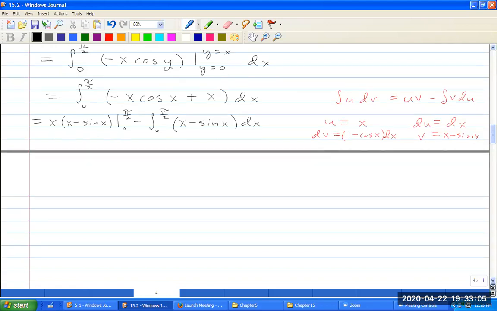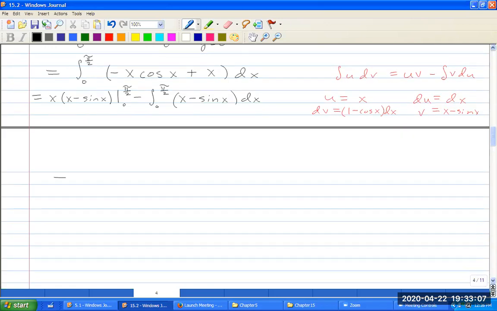So this is equal to, plug in pi over 2. So you get pi over 2 times pi over 2 minus the sine of pi over 2, which is 1.